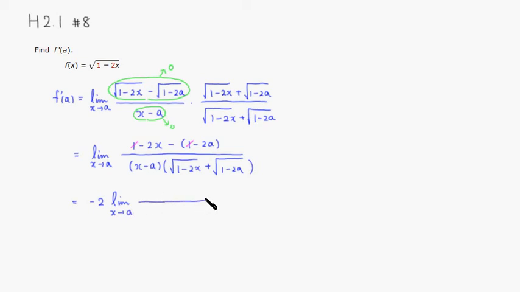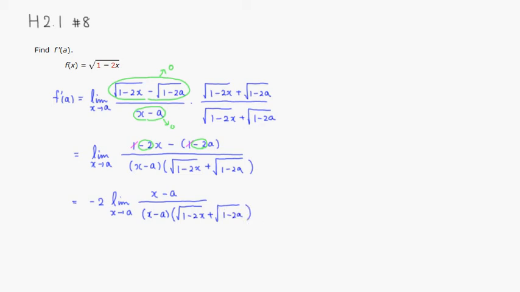Since we pulled out negative 2, what's left is x, and don't forget there's a minus a, so x minus a. And on the bottom, you still have quantity x minus a times quantity square root of 1 minus 2x plus square root of 1 minus 2a.